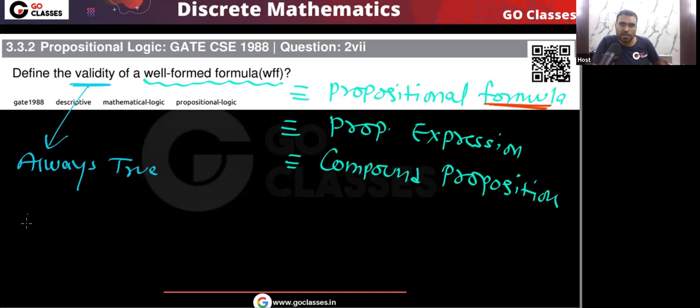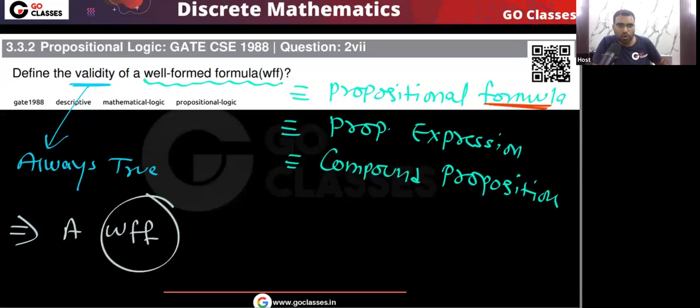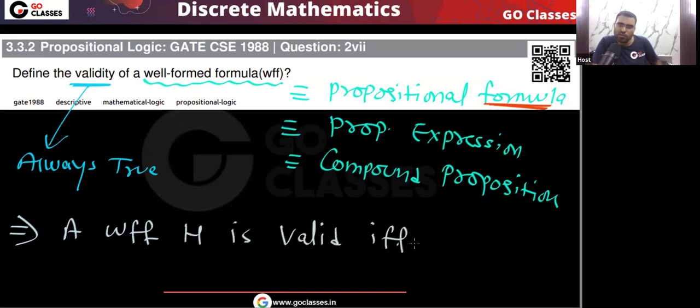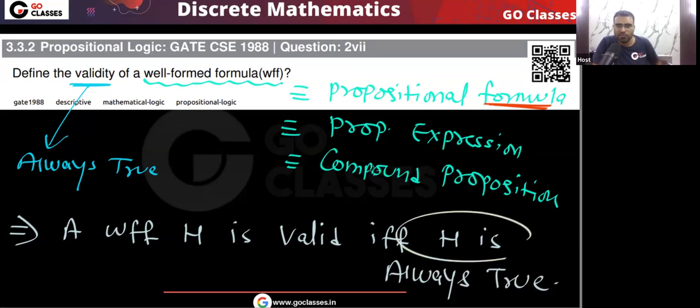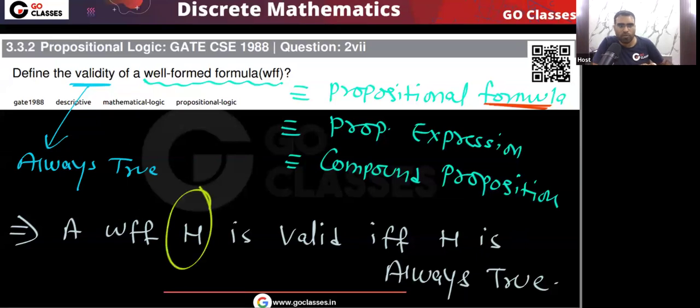So the final point is that a well-formed formula H, a propositional formula H, is valid if and only if H is always true for every truth value combination of its propositional variables, for every row in the truth table. So remember, a formula H is valid if it is always true. Validity means always true.